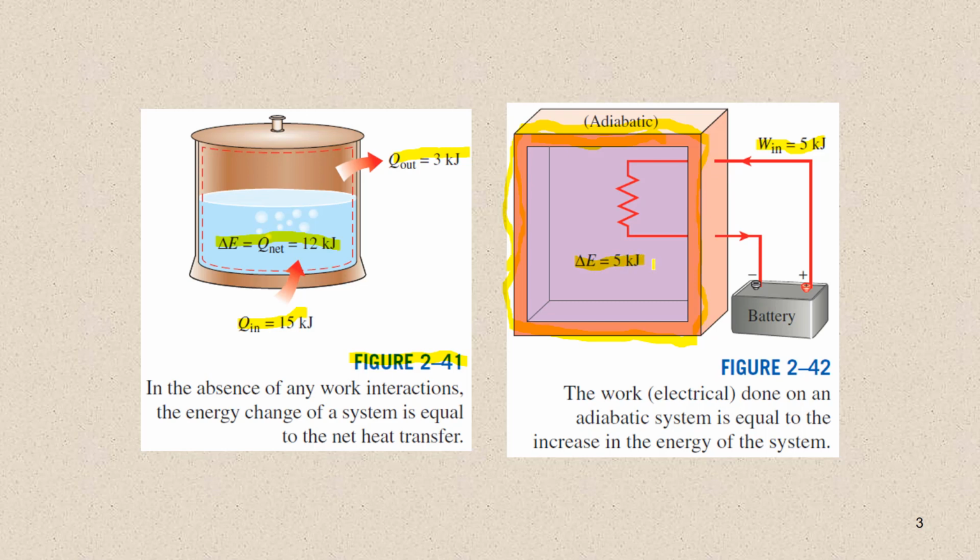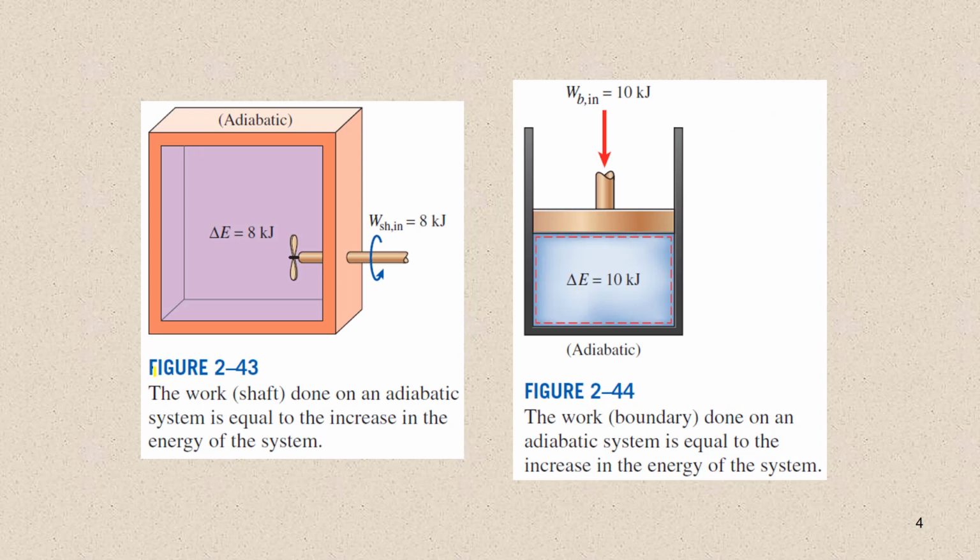Next, let us replace the electric heater with a paddle wheel, which is given in figure 243. As a result of the stirring process, the energy of the system that is given in figure 243 will increase. Again, since there is no heat interaction between the system and its surroundings, where Q is going to be equal to 0, the shaft work done on the system must show up as an increase in the energy of the system.